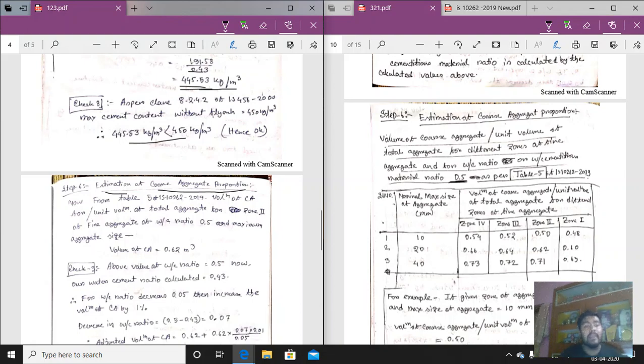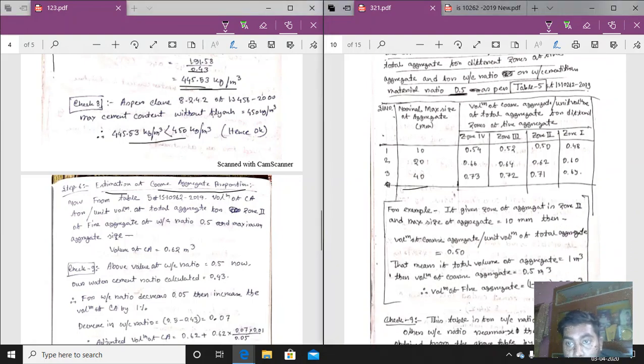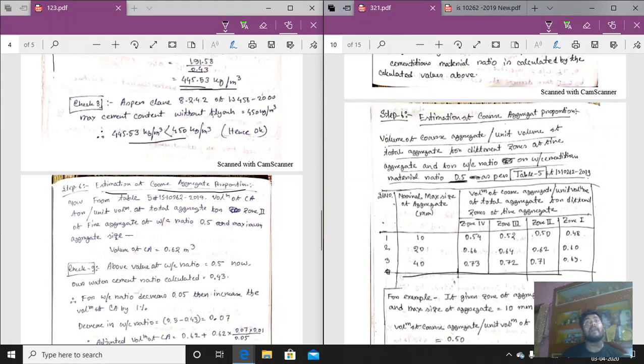Now from table number 5 of IS 456, which states the volume of the coarse aggregate per unit volume of the total aggregate. That means if 1 meter cube of total aggregate is there, how much volume of coarse aggregate there will be, we have to calculate from here.